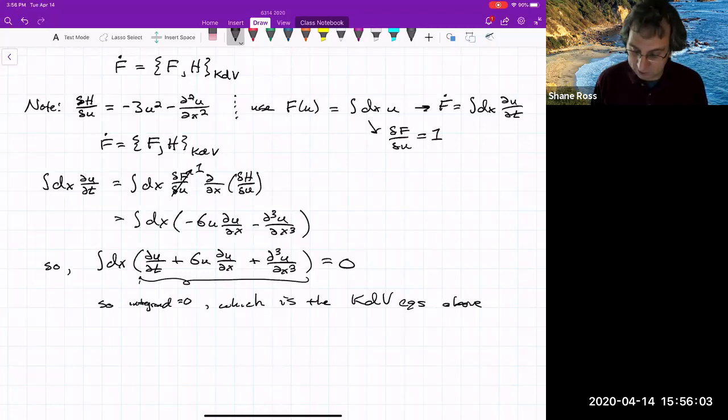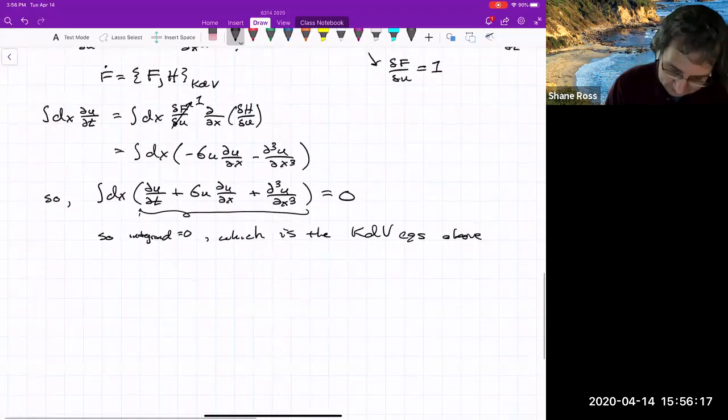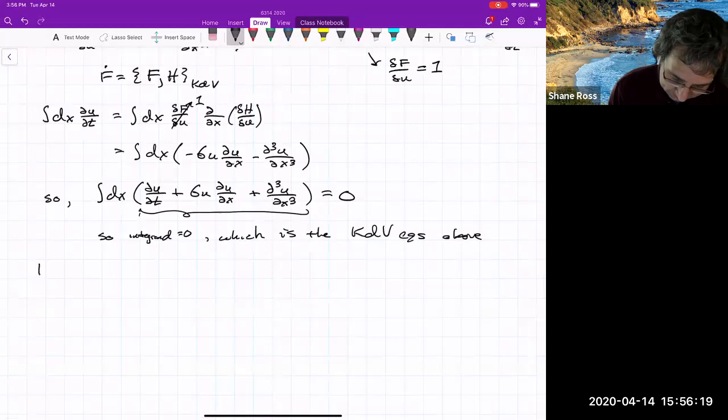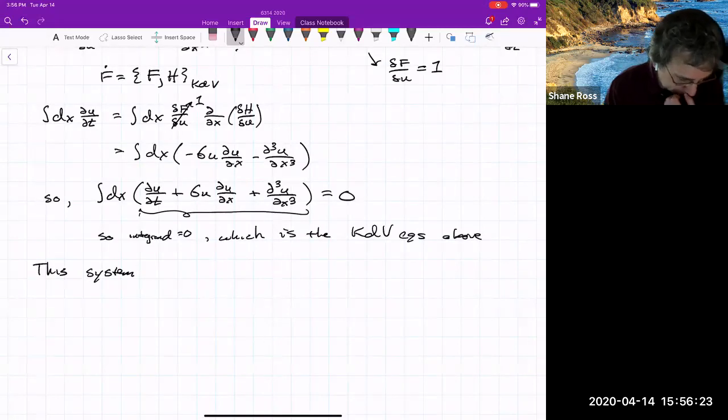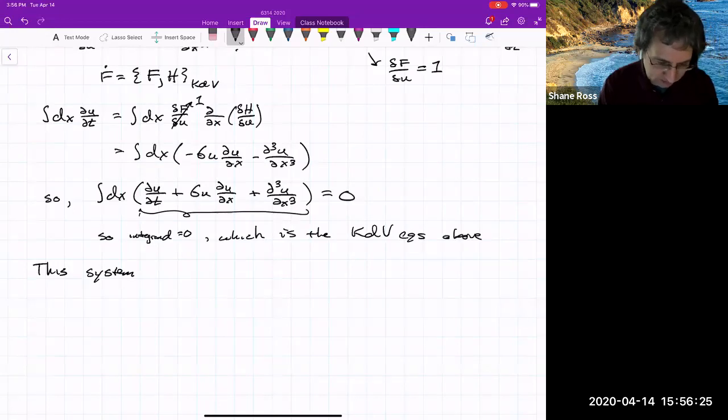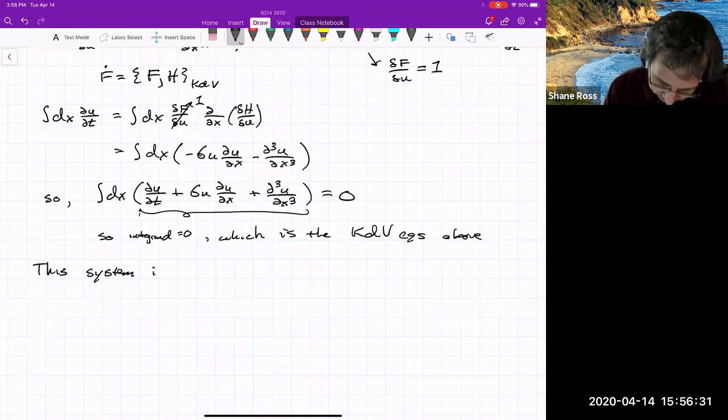Well, it turns out these shallow water equations are completely integrable. And if this is infinite dimensional, it's like n equals infinity. And so there are an infinite number of constants of motion. So this system is not only Hamiltonian, but it has one of the best properties you could have to make a Hamiltonian system solvable, which is that it is completely integrable.